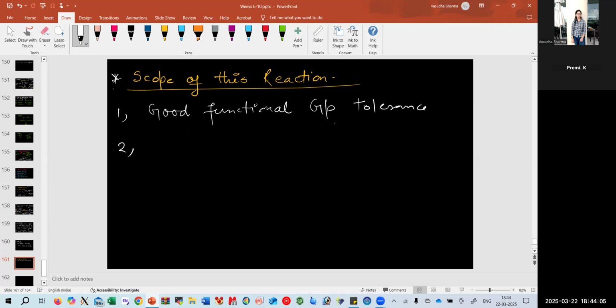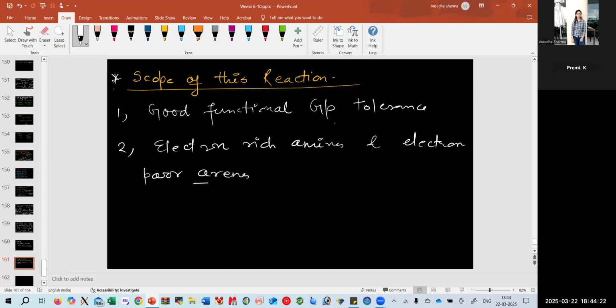Preferably, you should have electron-rich amines with more electron density and electron-poor arenes. So your aryl group should be electron poor. That means if you have electron withdrawing groups on your arene and electron rich groups like methyl, OCH3 on your amines, that will enhance the electron density. If they are being used, the reactivity is even higher.